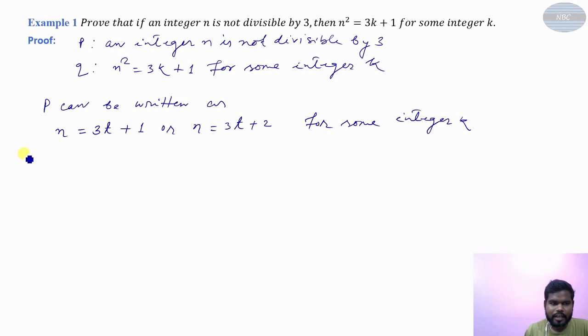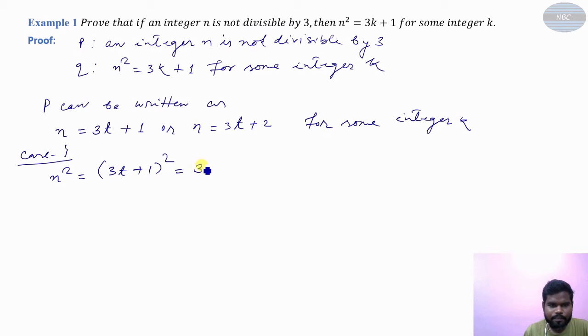For case 1, n square is equal to, putting the value of n as 3t plus 1, 3t plus 1 whole square. Use the formula a plus b whole square.